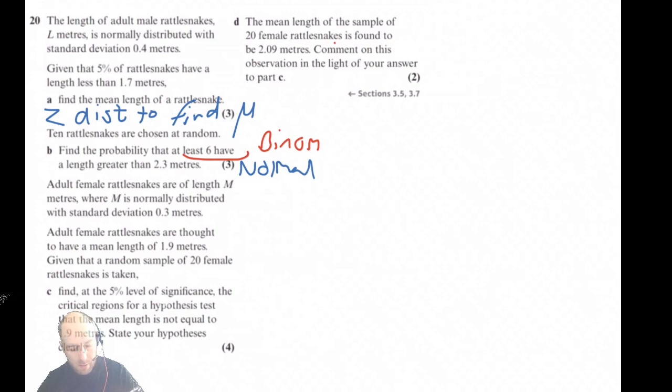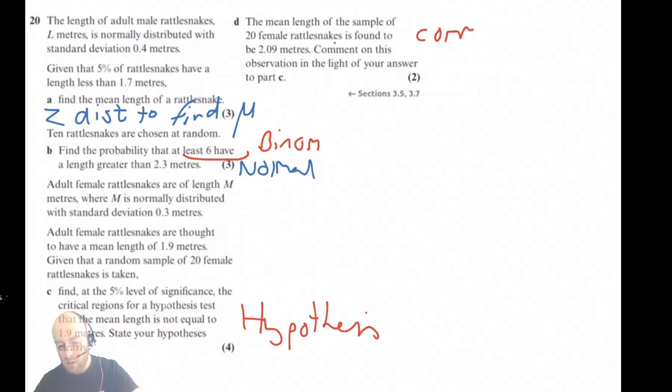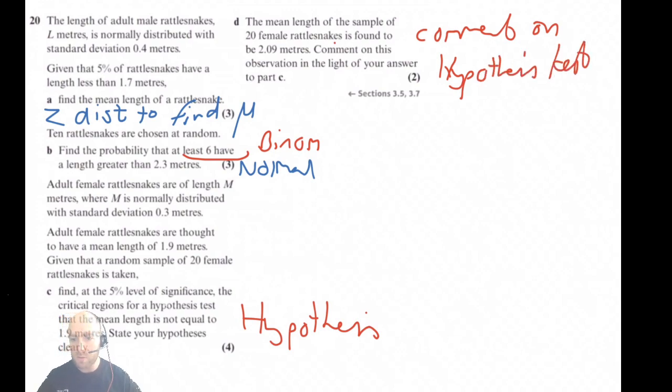Part C and part D, hypothesis. Yes, so this is a hypothesis test. And part D, you don't have to do a new test, but it's going to be linking somehow with what you did already. So comment on the hypothesis test. Cool. All right, well done, those of you who commented and got some things there.